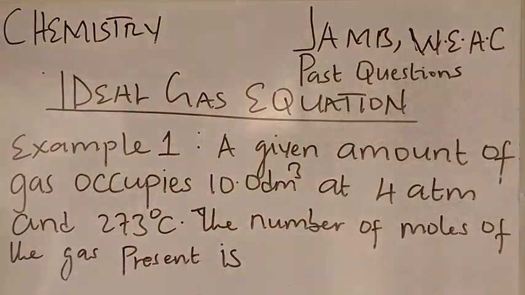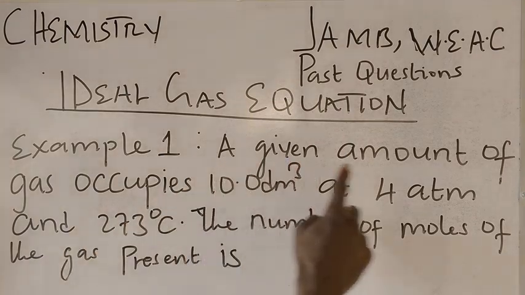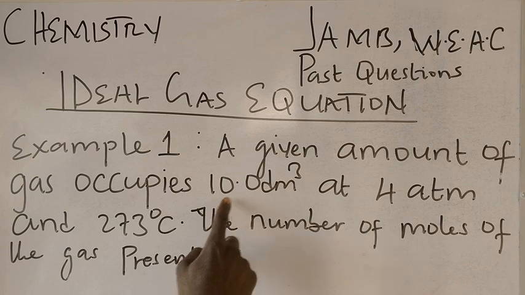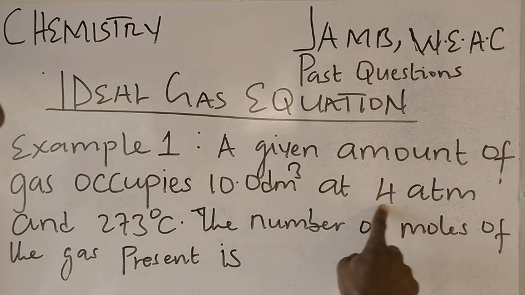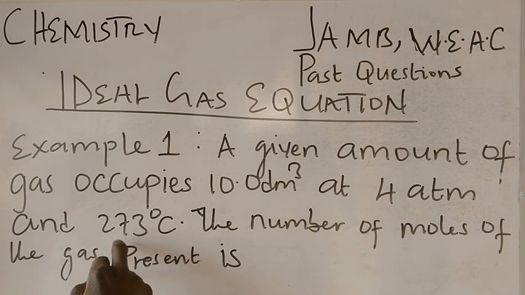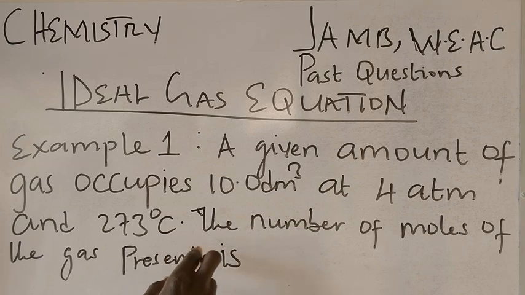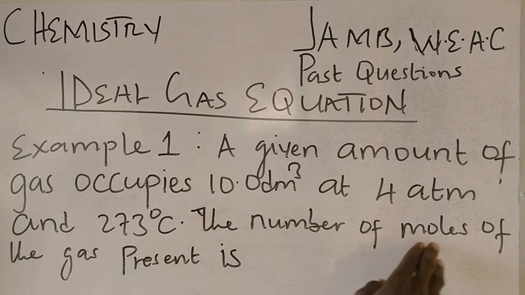You can see that this question says that a given amount of gas occupied 10 dm cube at 4 atm and 273 degrees Celsius. What is the number of moles of the gas present?